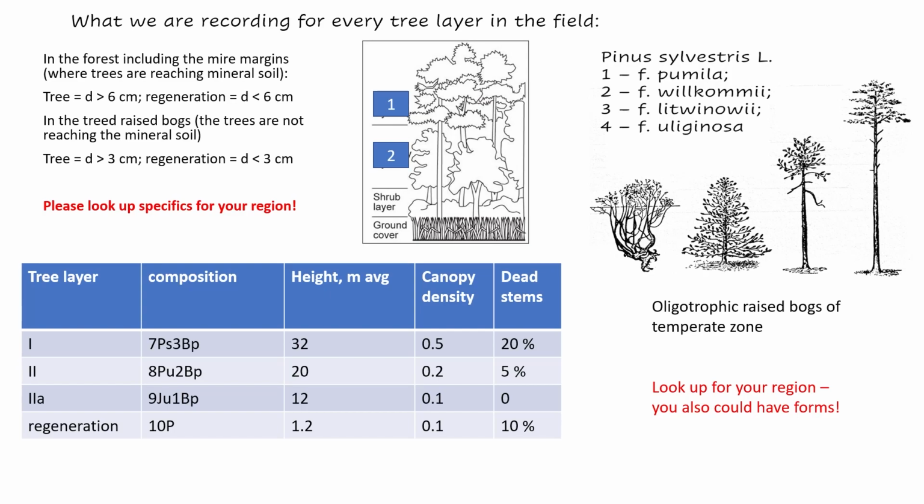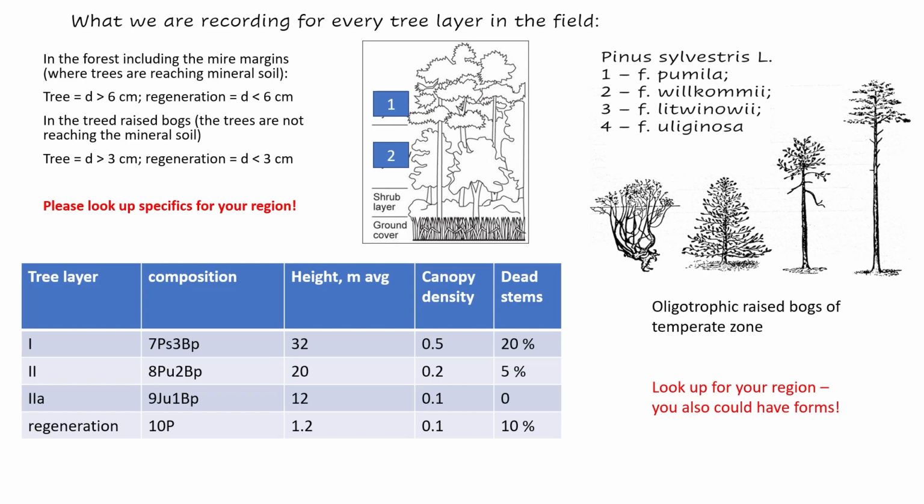The highest is forma oligonosa. This is usually the dominating pine tree at the edges. Then comes forma litvinovi, which is smaller. Even at 200 years it could have a diameter of 6-8 centimeters and a height of 5 meters.